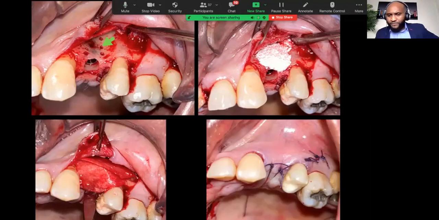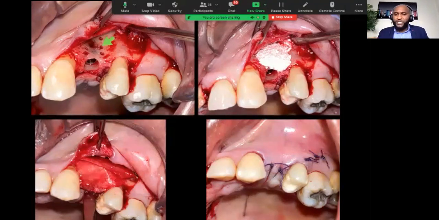So tension-free closure can only be attained if you do a periosteal release incision, and again, maybe select a barrier membrane that is not too thick. Because if you're not able to attain tension-free closure, remember, when the hematoma occurs, all this wound is going to open up, then you have a membrane exposure, you don't want that.